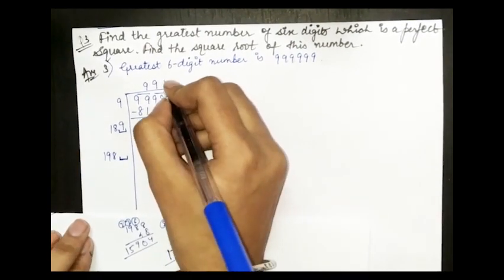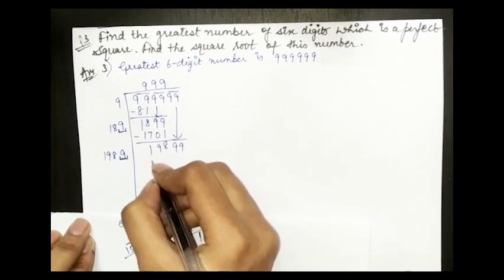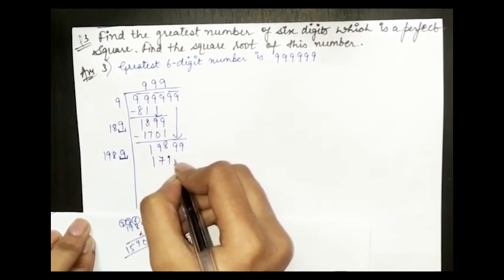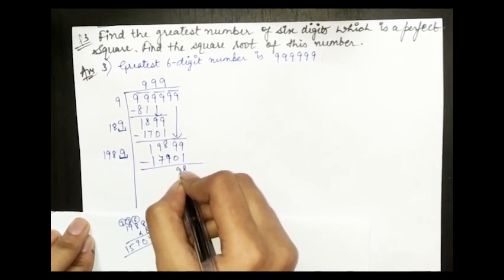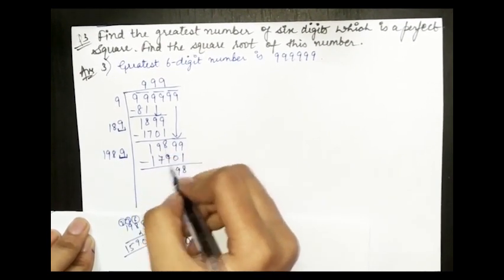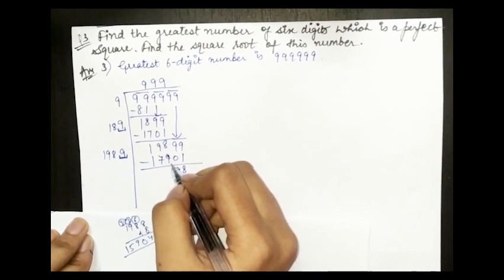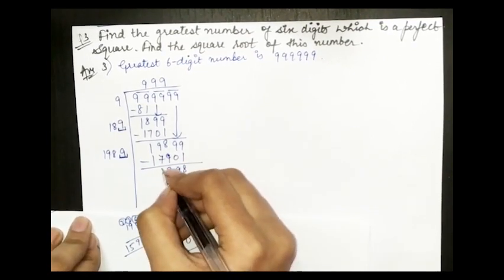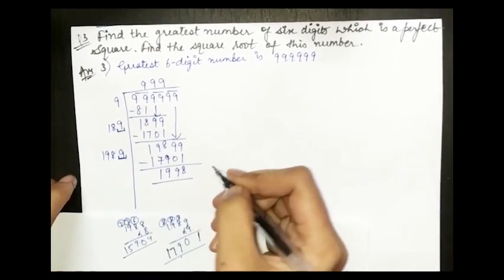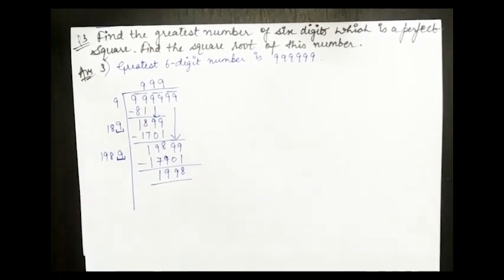So we will be writing 9 here and 9 here, that is 17901. We will be subtracting, 8 is smaller than 9, we will be taking carry, then 9 will be left and 1 will be left, means 1998 is the remainder here.